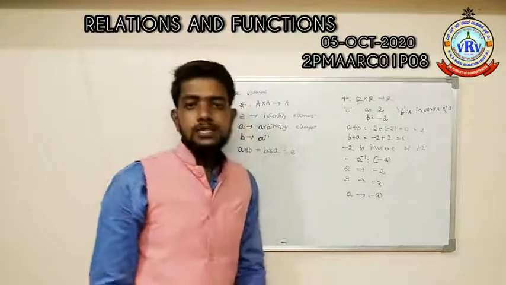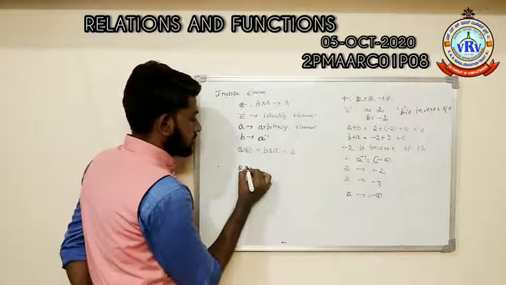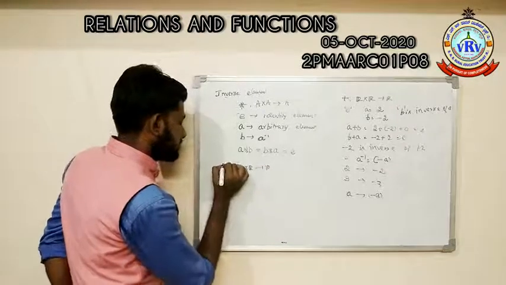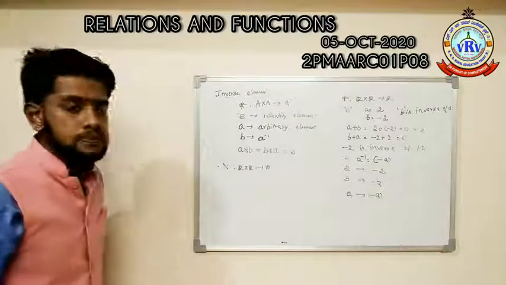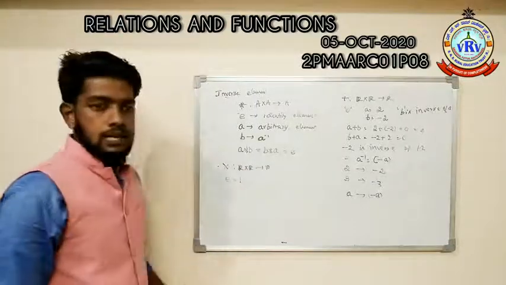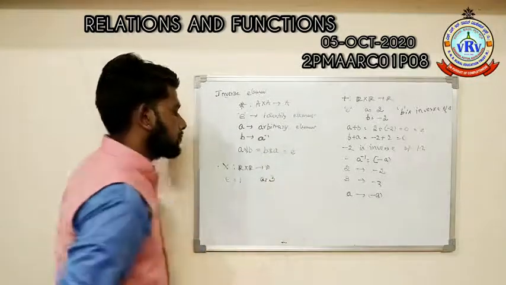Can you find the inverse element on the real number set R for the binary operation multiplication? For multiplication, E is equal to 1. The identity element is 1. Take one number as A, say 3.